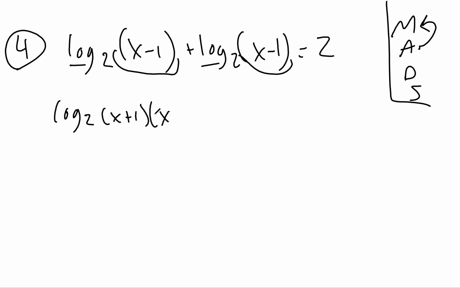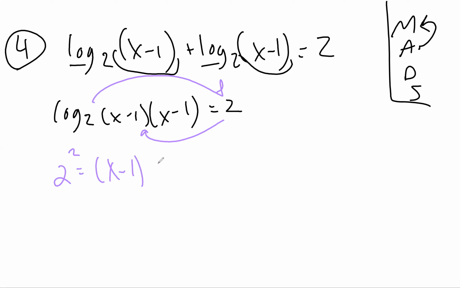I will have x minus 1 times x minus 1, and that will equal the number 2. Now my question is, do I just have one log? Yeah. Now that I just have one log, I can draw my arrows. And so I'm going to get 2 squared equals x minus 1 times x minus 1. Okay, well, what is 2 squared?